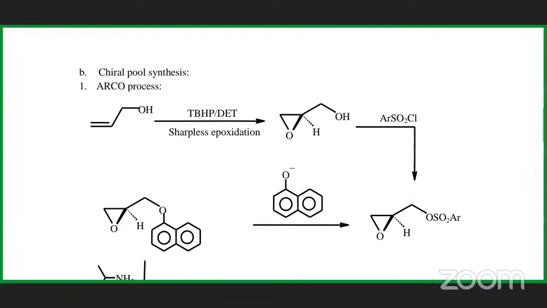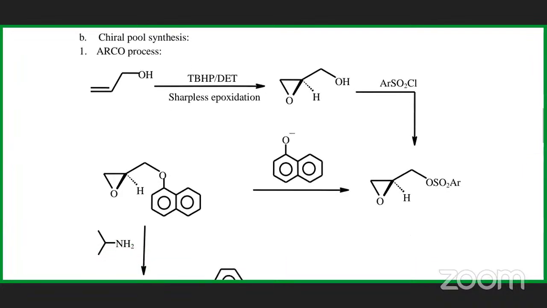treat with ArSO2Cl, means sulfonyl chloride, benzene sulfonyl chloride. Where this substitution is taking place, you will get this epoxide benzene sulfonate derivative.